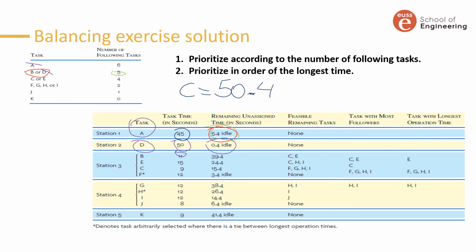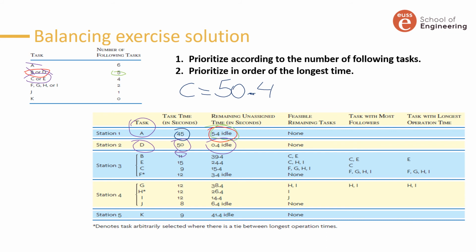If I assign task B from the cycle time, it remains for us 39.4 seconds. So, what are the next tasks? We should see if the next tasks are less than 39.4. Only in this case we can assign them in this workstation.